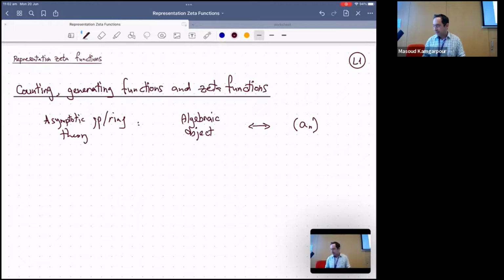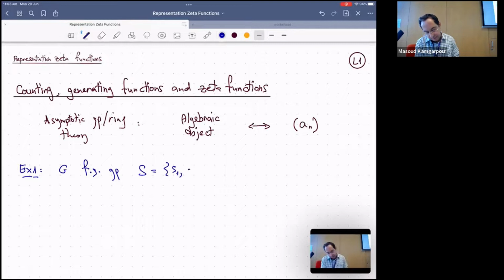Let me give you 4 examples of things that were done actually for many years. So the first example, suppose that G is a finitely generated group, say generated by a set S, s_1 up to s_m. And here's a sequence of numbers that we can attach to this situation.